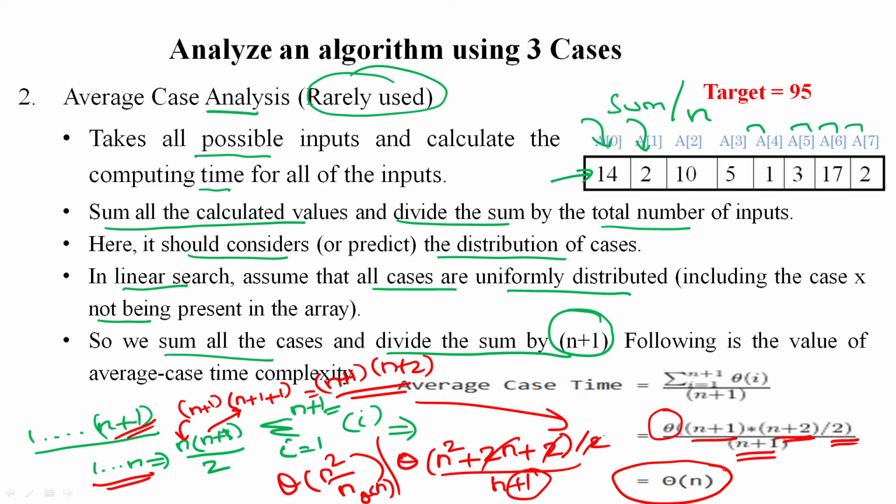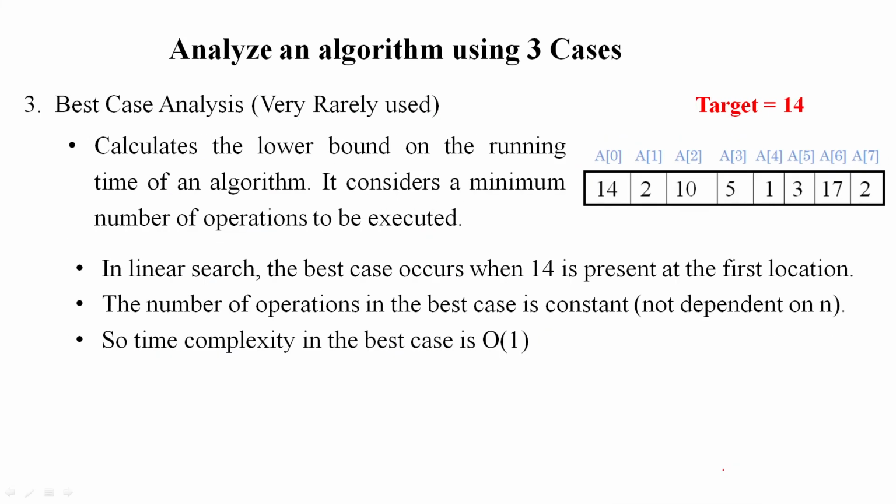For the average case, we use the sum of all the time consumption divided by n plus 1 number of inputs. Then the best case is very rarely used. It is the minimum time consumed by the algorithm, which represents the lower bound.